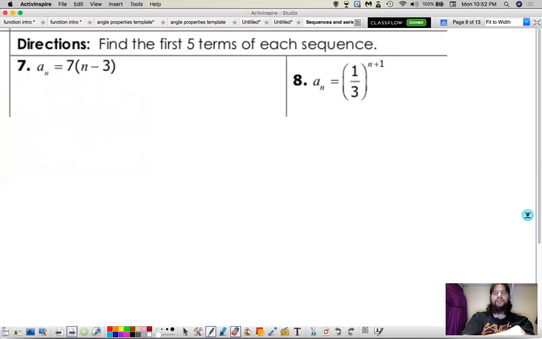So here is the rule. Okay, remember, we're starting our sequences at 1. N is 1, always. So if we want a sub 1, I'm going to just go down this way.